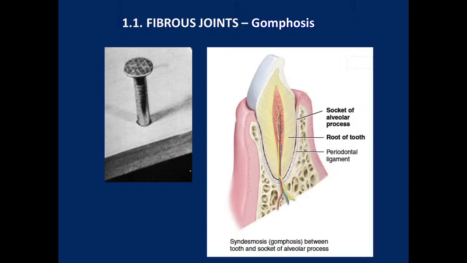We see it between teeth and the alveolar process in the maxilla and mandible, and we call it gomphosis, or dento-alveolar joint, in which a cone-shaped peg fits into a socket.